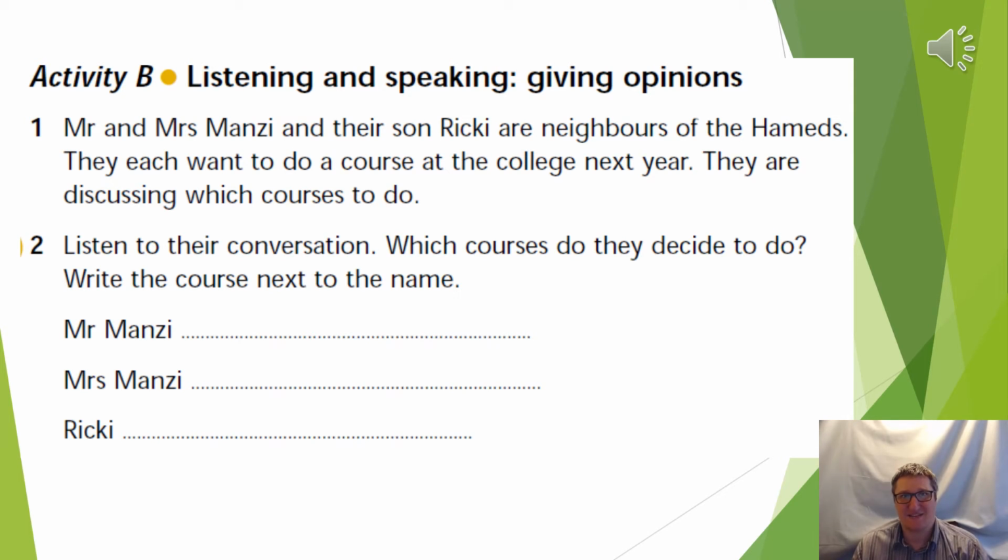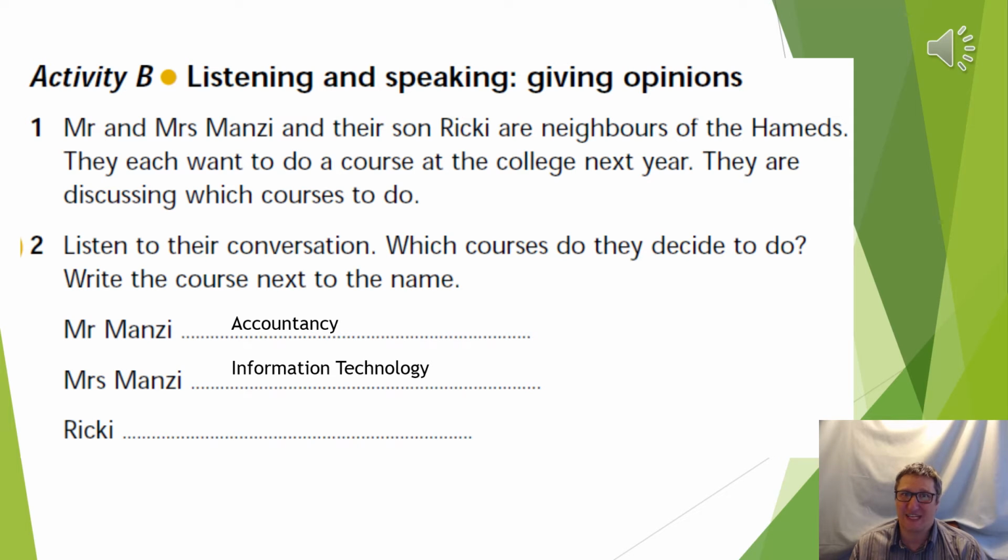Mr. Manzi has decided to do an accountancy course dealing with money, ins and outs of money. Big mystery to me. I know about money going out. I have no point of reference for money coming in. Mrs. Manzi has decided to do, she said it just at the end, information technology.